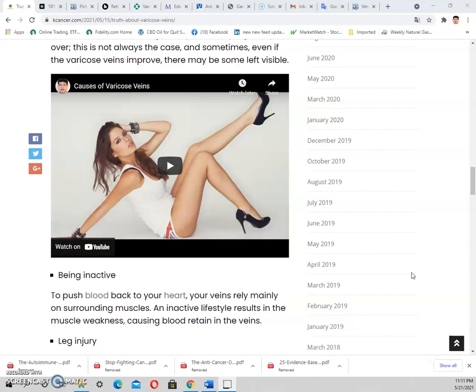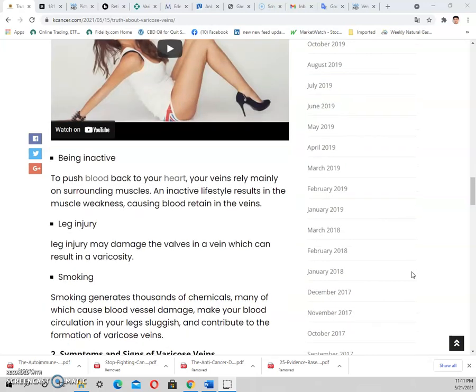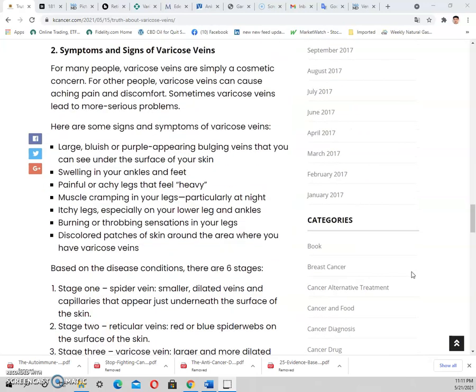And today I'm going to discuss with you the symptoms and signs of varicose veins. For most people, varicose veins are simply a cosmetic concern, and for other people, based on disease stage, varicose veins can cause many different signs and symptoms.